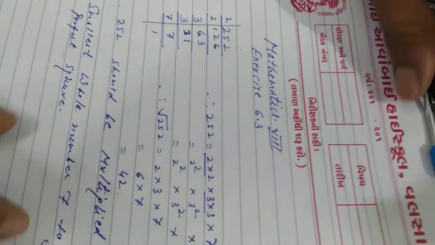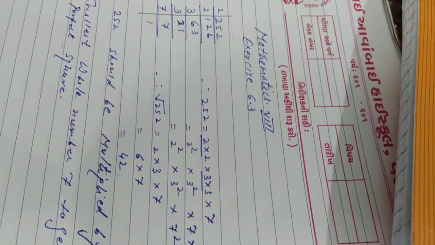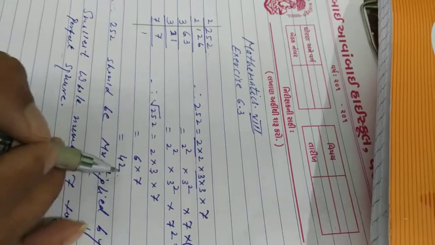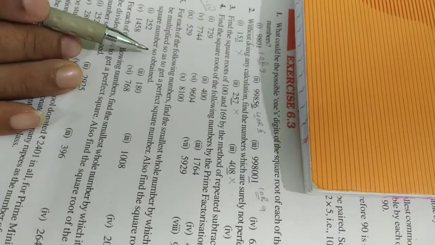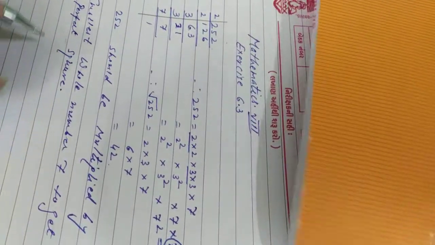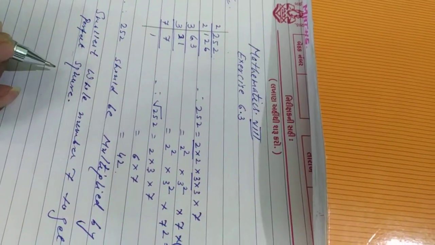Then we also had to find the square root of the square number so obtained. So what is the square root? 42.